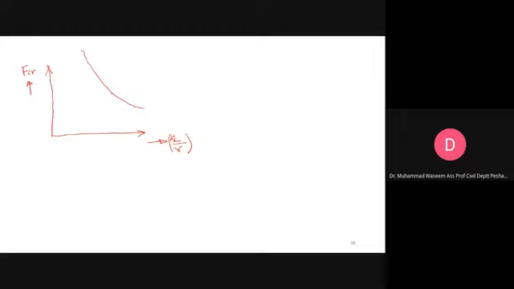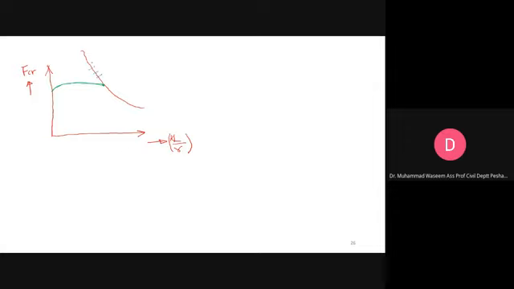Let me grab another pen here. If we make this green here, up to the proportional limit the behavior of the plot between the critical stress and slenderness ratio is different.